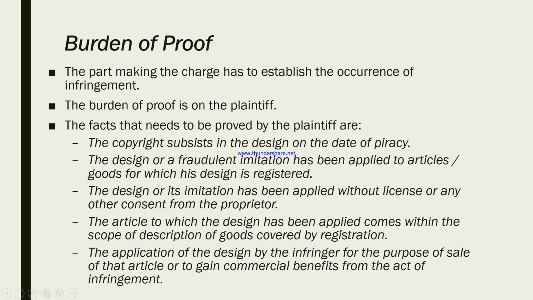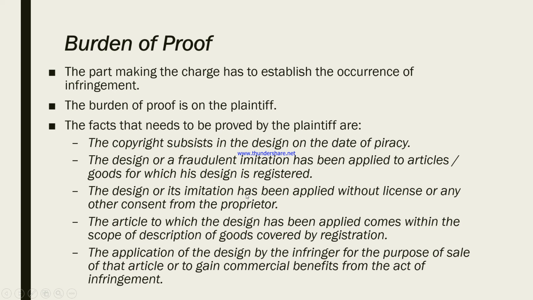Let us come to the burden of proof. The party making the charge has to establish the occurrence of the infringement. Okay, the burden of proof is on the plaintiff. The facts that need to be proved by the plaintiff are that a copyright subsists in the design on the date of piracy. The design or fraudulent imitation has been applied to an article of goods for which his design is registered.